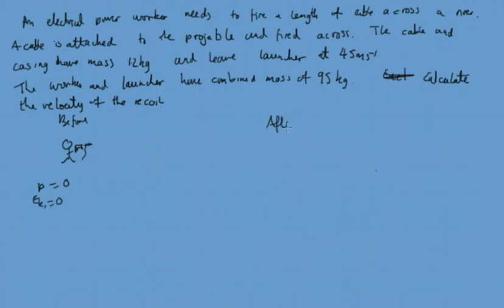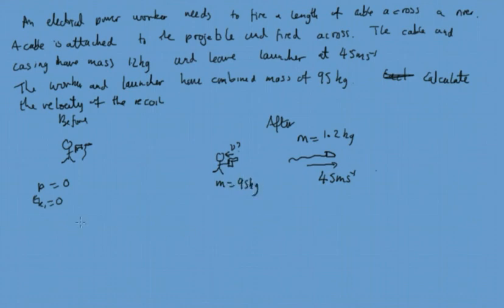After, we have the cable and this projectile thing going at 45 meters per second, and they have a combined mass of 1.2 kilograms. And you've got the man and his little gun thing, and there'll be a slight recoil, which is the velocity we want, and their mass is 95 kilograms.